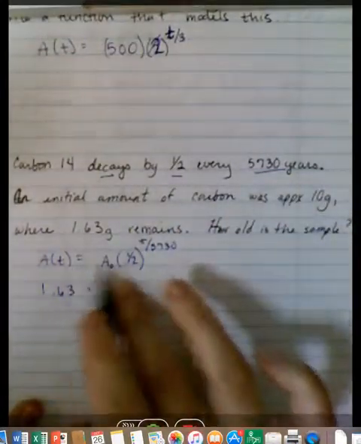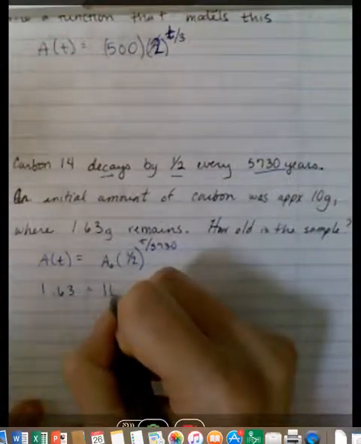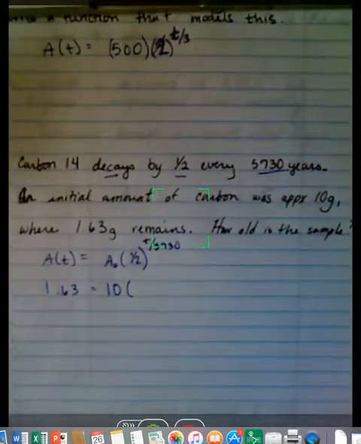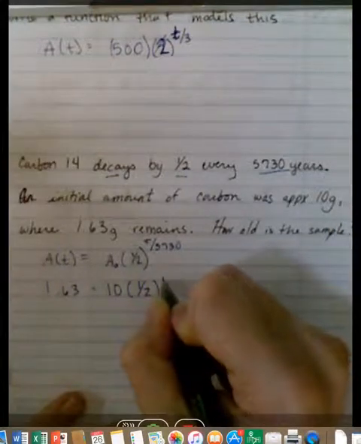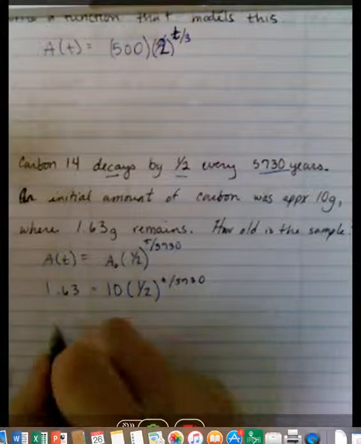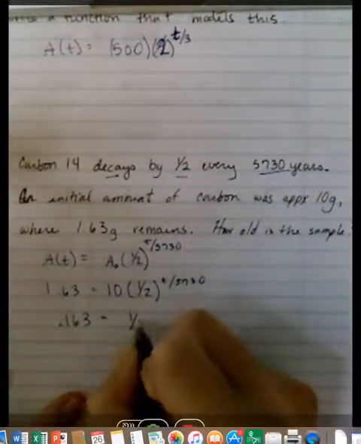Our initial amount was 10. And we had 1/2 raised to the T over 5730. So divide out our 10.